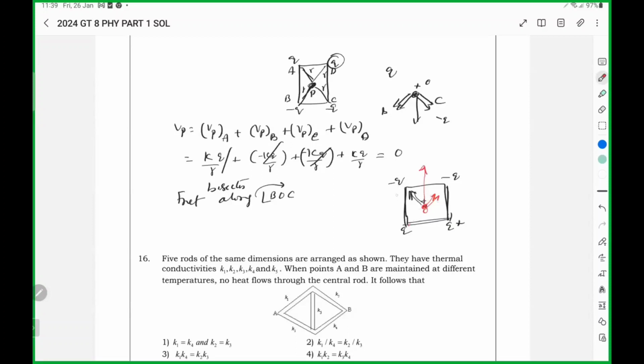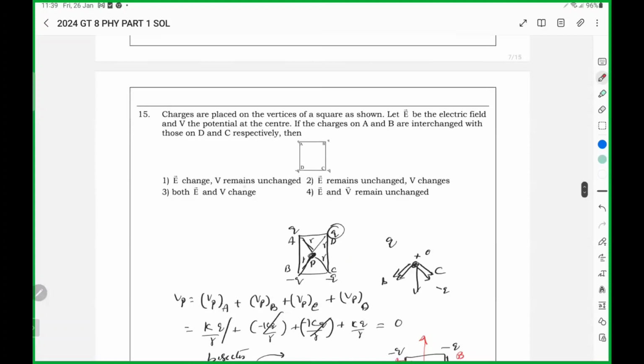So here charges are interchanged. Then net electric field magnitude is the same, but direction will be along the bisector of angle AOB. So V remains unchanged. Electric field changes.